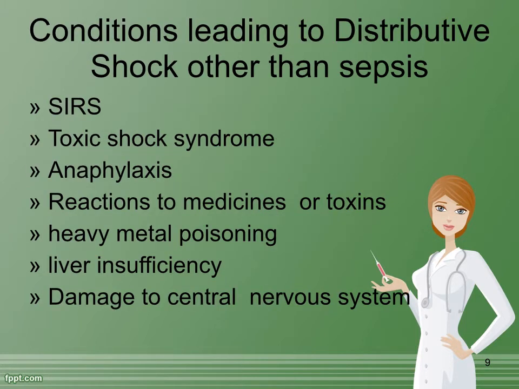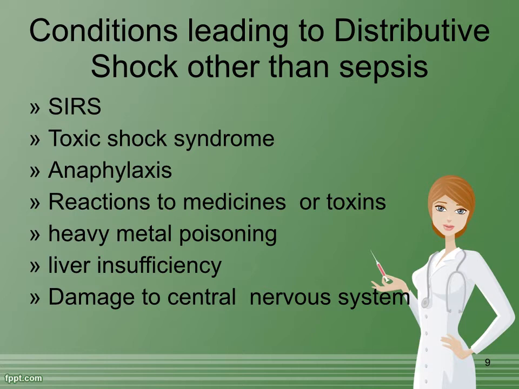And conditions leading to distributive shock other than sepsis. So after sepsis is SIRS. SIRS is systemic inflammatory response syndrome, and it is related to the response made by the body's immune system.